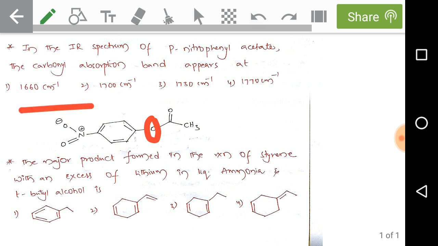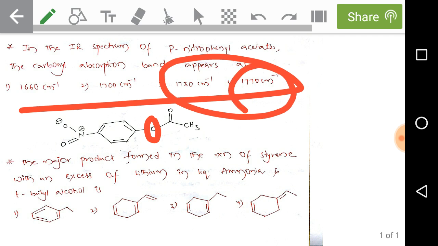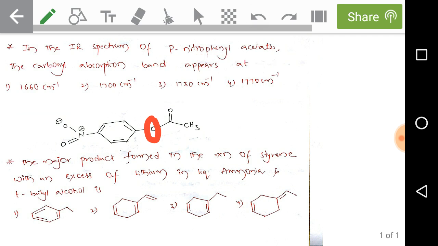Okay, and if you look at all these, simply the highest one is 1770, so that is the correct carbonyl absorption band for this para-nitrophenyl acetate. So here option 4 is the correct one. Okay, right. And for example, if the phenyl group contains an electron donating group on this phenyl ring, then what happens?